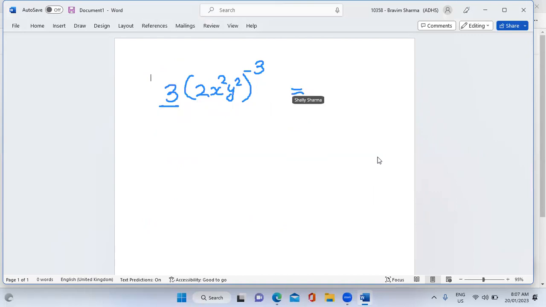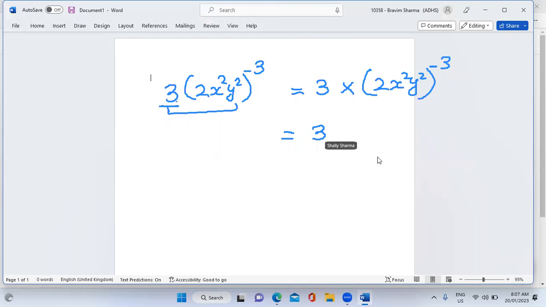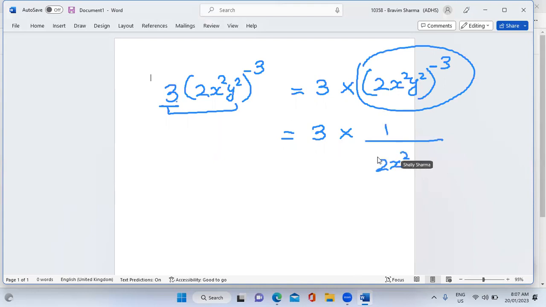You can write it like 3 times 2x squared y squared raised to the power of -3. Here 3 is a positive number, so keep it as it is. Just bring this part to the denominator to make the exponent value +3. So it will be 3 over (2x squared y squared) whole raised to the power of +3. Okay, so this is all about the negative index value. Thank you.